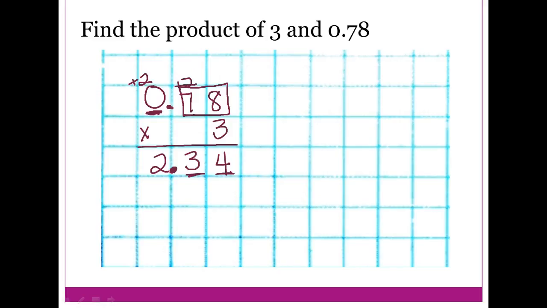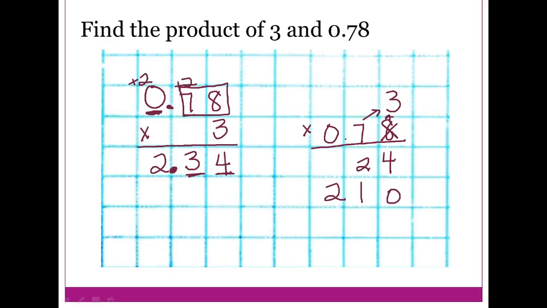Now, if you'd set the problem up the other way, you could have put the 3 on top times 0 and 78/100ths. 8 times 3 is 24. And then we'd have to start a new row. And since I've already used this place value, I put a 0 to start the second row, and then I can go ahead and multiply 7 times 3 to get 21.